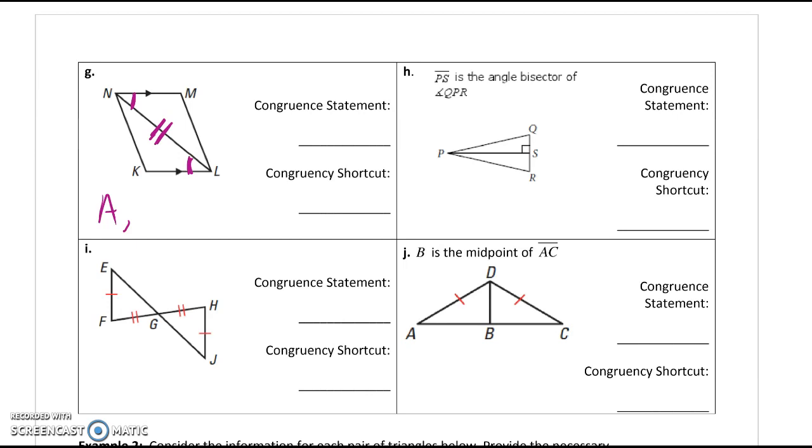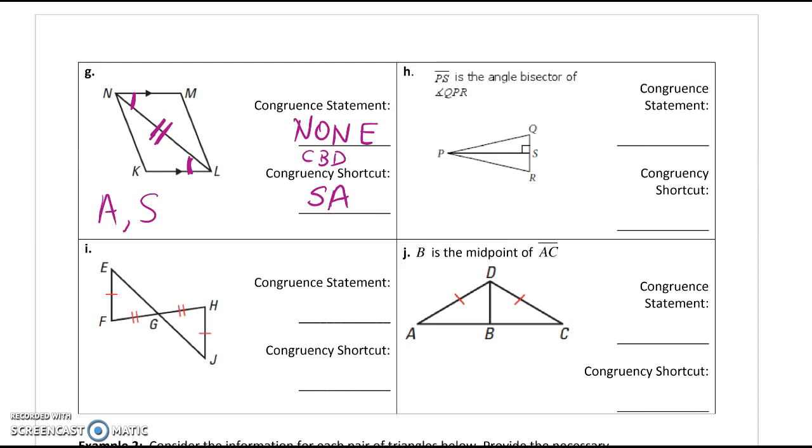So according to the reflexive property, we have a side. And there seems to be no other information that shows us three pieces of information. So, a congruency shortcut needs 3 letters, and we only have 2. It's not valid, so we do not have enough information to state a congruency statement. So you can either put none or cannot be determined.